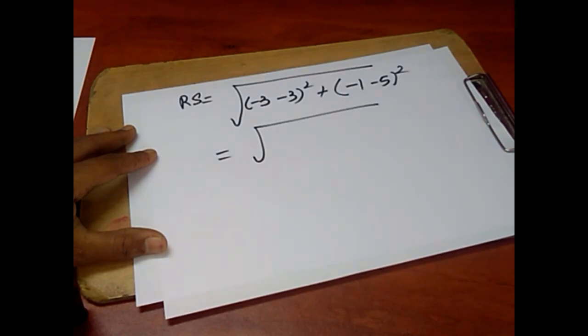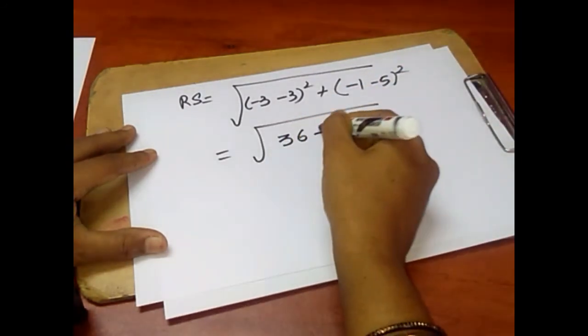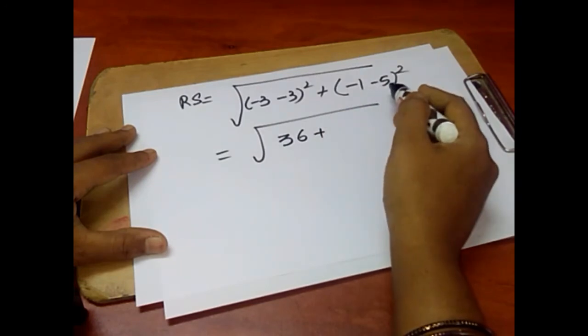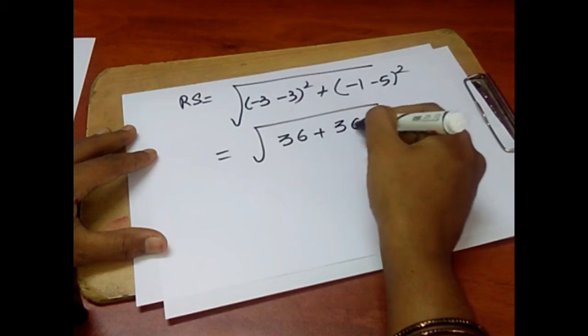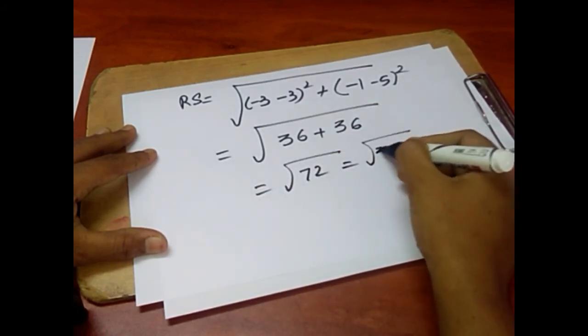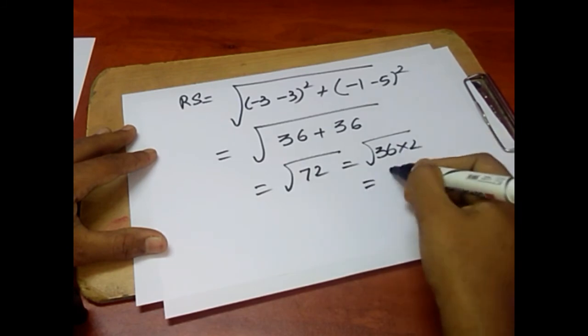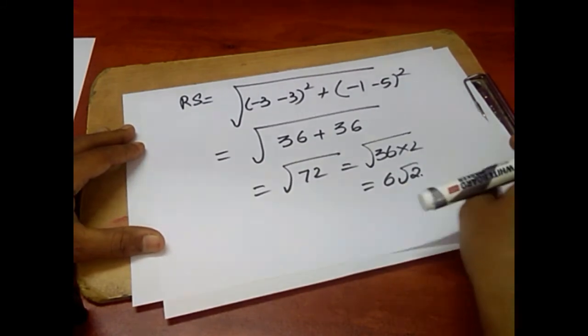So minus 6 whole square is 36. Next, minus 1 minus 5 is minus 6. Again minus 6 whole square is 36. 36 plus 36 is 72. That is 36 into 2, 6 root 2. So the measure of RS is calculated as 6 root 2, point number 3.